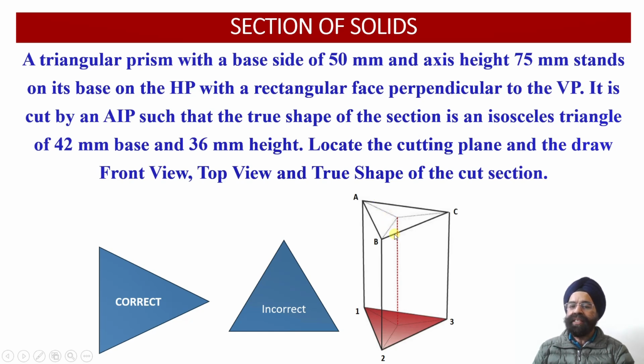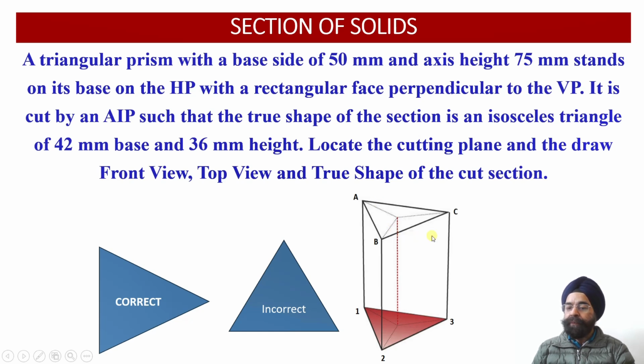Now the question arises where the third point will be located, because 2 points we have located symmetrically at a distance of 21 millimeter on either side of the axis. So these 2 points will be apart by 42 millimeter in totality. Now the third point will be available on the vertical edge which passes through the intersection of the two edges on which these 2 points of intersection lie. Why do we have to apply this condition?